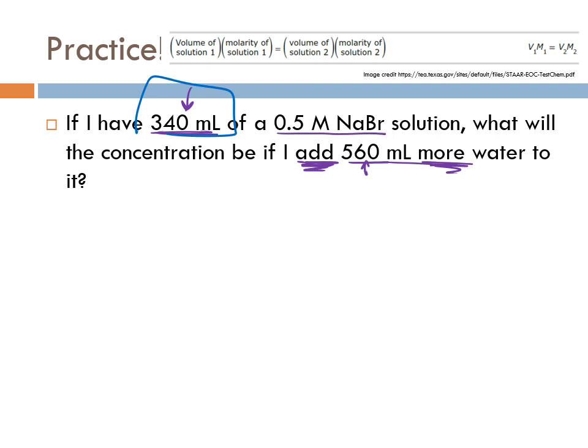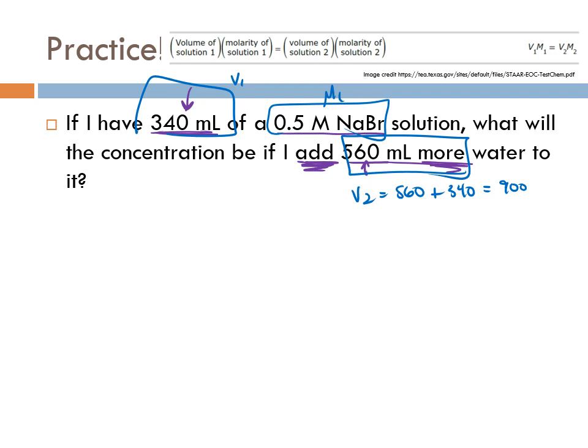So this was our V1 and here is our M1. V2 is going to be the 560 waters that we added to the 340 that we already had in the solution. Our new V2 is going to be 900 milliliters. 900 is V2. So V1M1 equals V2M2.